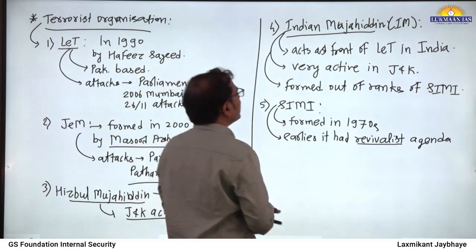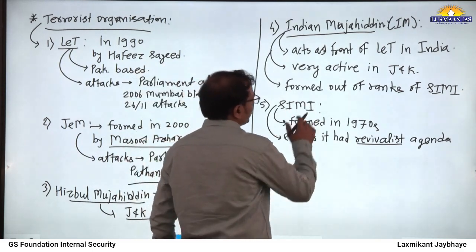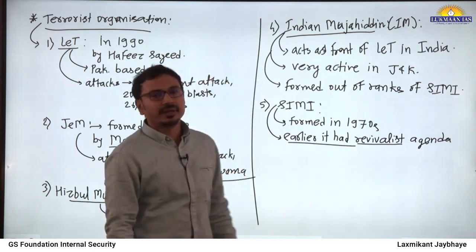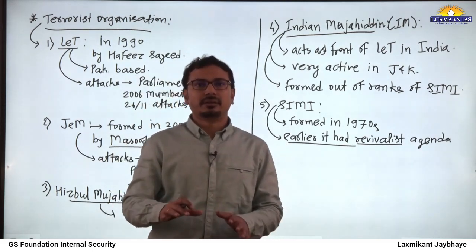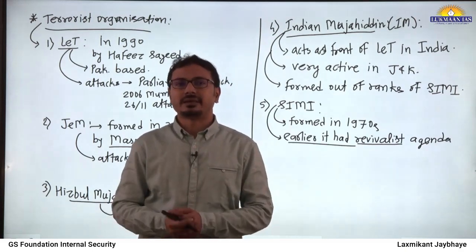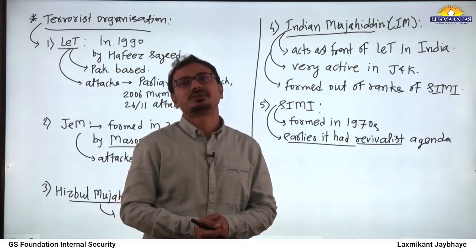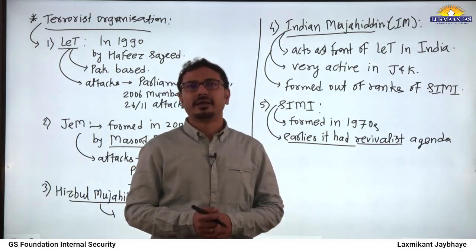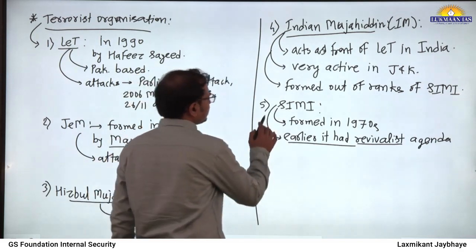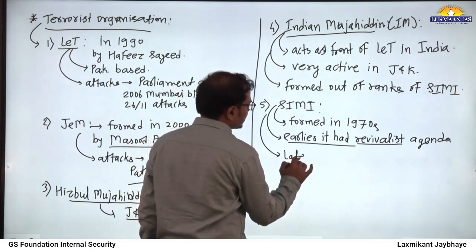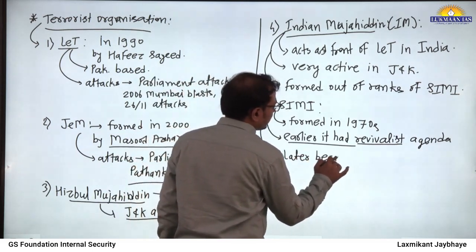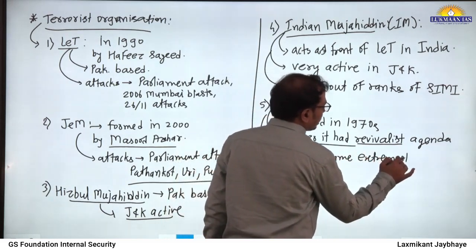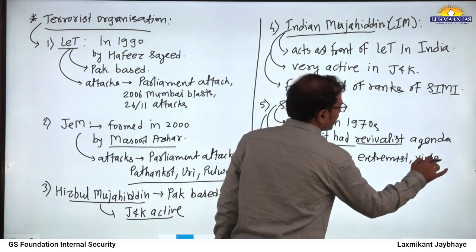We are talking about the Students Islamic Movement of India. Basically they had the motive of bringing Muslim people back to their original practices and reducing the influence of Western values. That was their objective earlier, but later it became extremist, involved in violent activities.